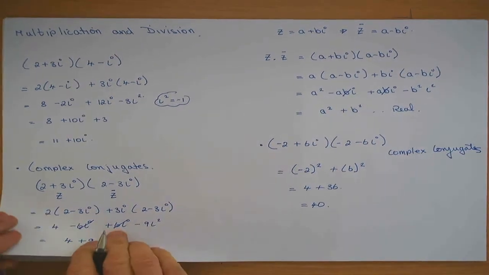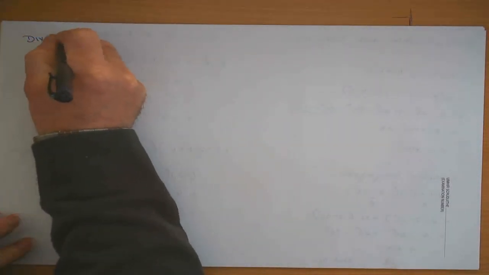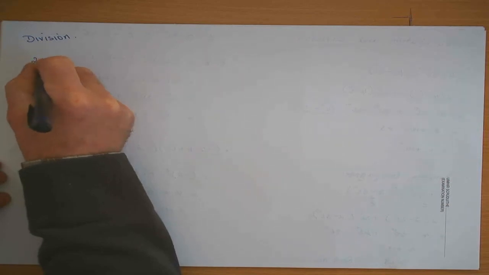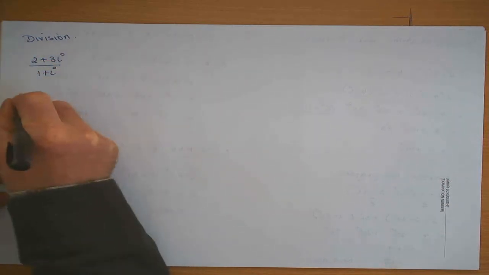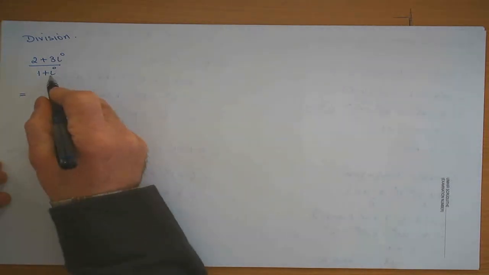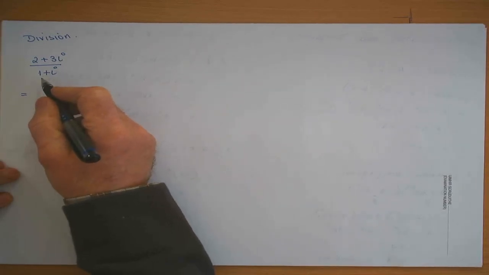But again, we saw that the last day. We didn't do the division the last day. Division. If I had 2 plus 3 iota divided by 1 plus iota, how we divide them is we make the denominator a real number. So what would I have to do to 1 plus iota to make it real?